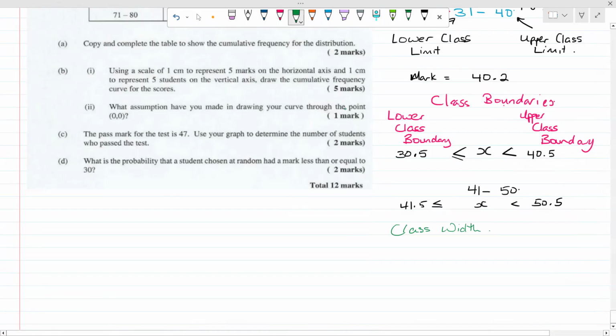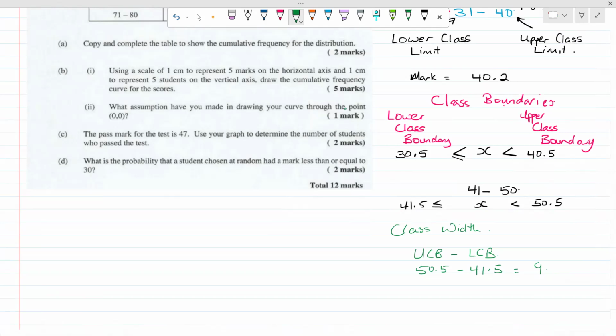How many values you're going to have in each class? So if I take the upper class boundary and subtract from it the lower class boundary, 50.5 minus 41.5, what answer am I going to get? Check it and see. 9.